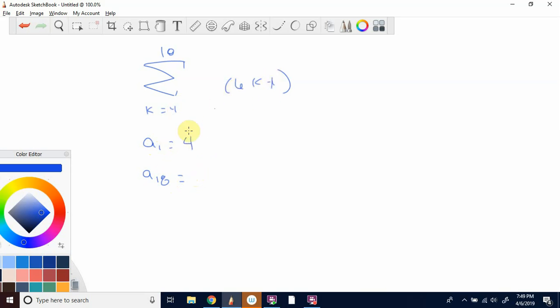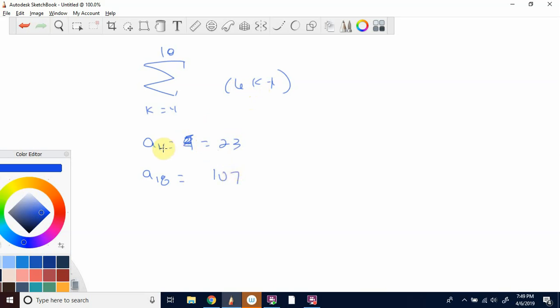So a sub 4: 4 times 6 is 24, minus 1 is 23. A sub 18: we do 18 times 6 minus 1, which is 107, okay?